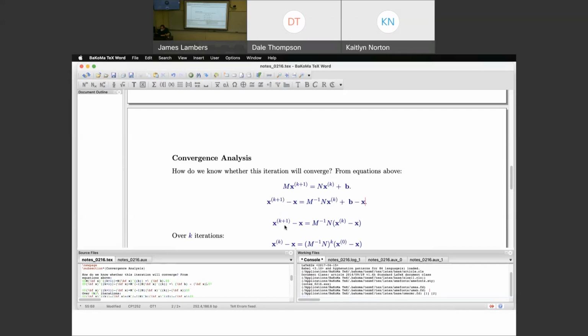Oh, and I just realized I made a mistake here. M inverse has to be multiplying this whole thing, so I need to put parentheses here.